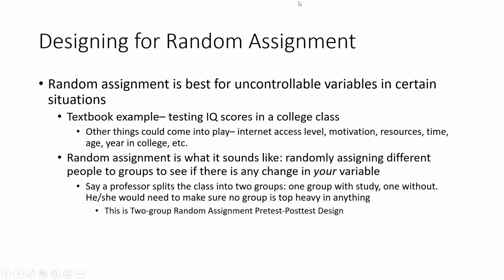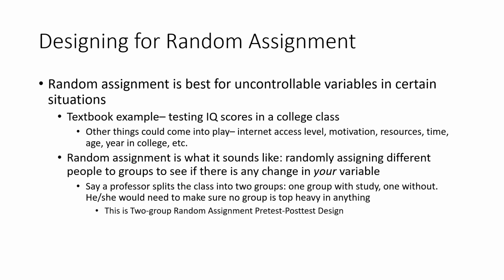And so random assignment is exactly what it sounds like. You're going to be randomly assigning different people to groups to see if there's any change in your variable, which plays into two-group random assignment pre-test, post-test design. This would be like a professor splitting the class into two groups. Say there's 50 students in the class, and you randomly assign students to group A and group B. Group A is going to have a study guide, group B is not.